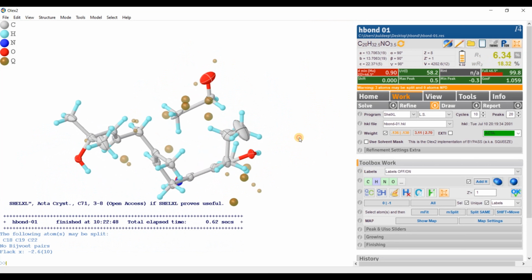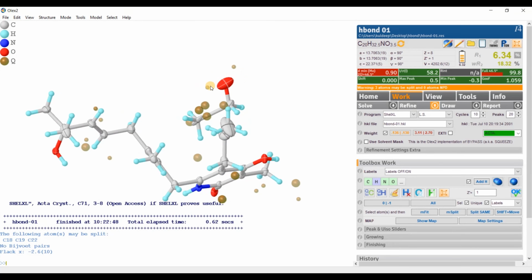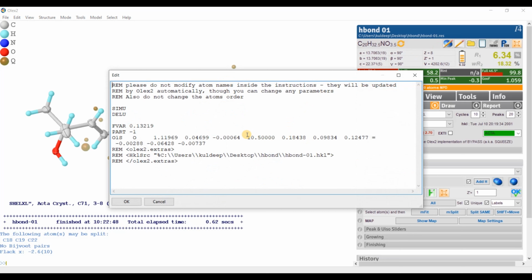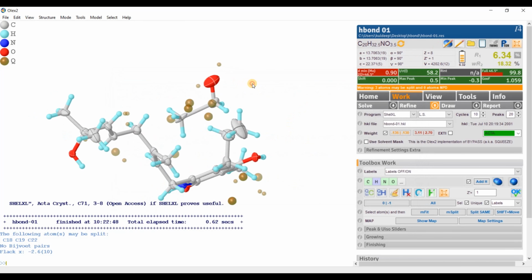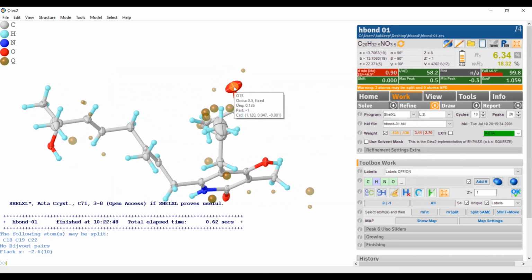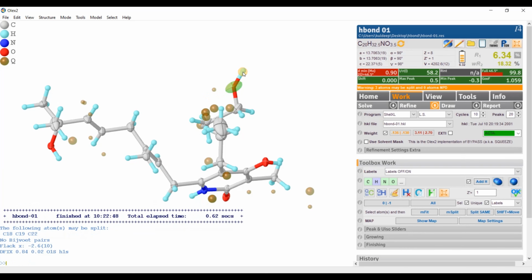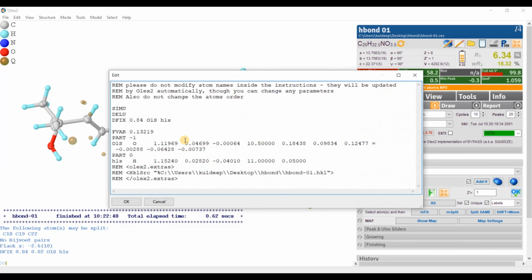Now comes to this oxygen atom. As we know, this oxygen atom of this ethanol molecule is near a special position, so it is only half occupied. So we need a hydrogen atom which is only half occupied. So this is O1S. Select this Q peak and type name H1S, and select this bond and type DFIX 0.84, and now select these two atoms, and this atom lies near this one.